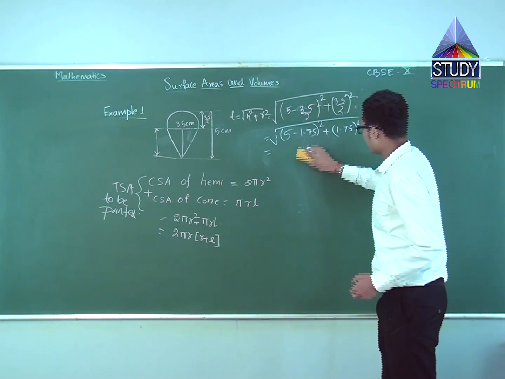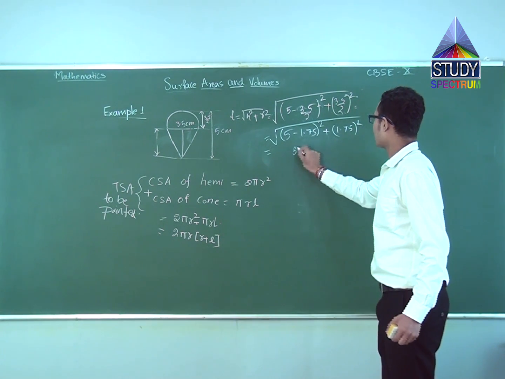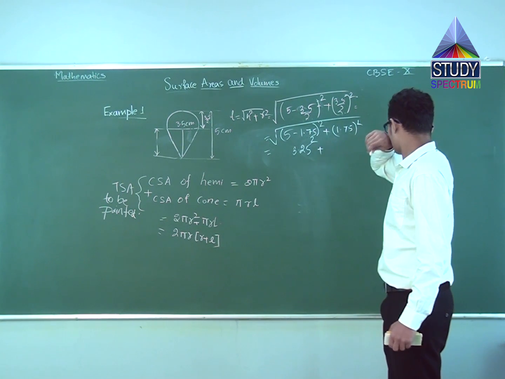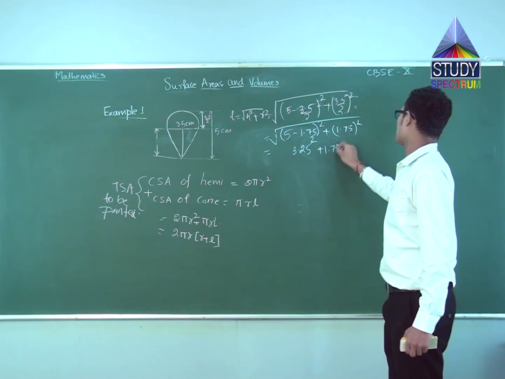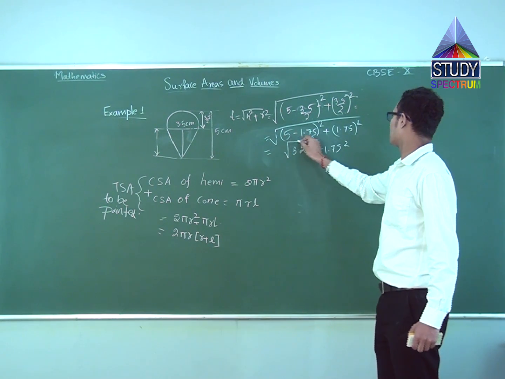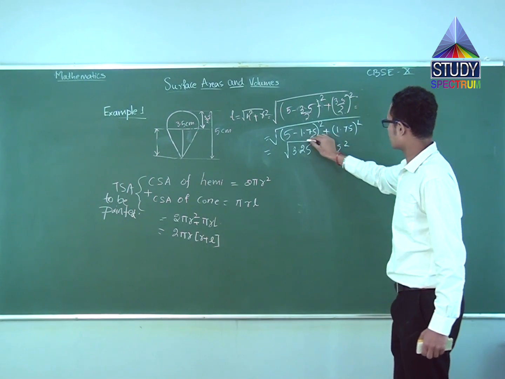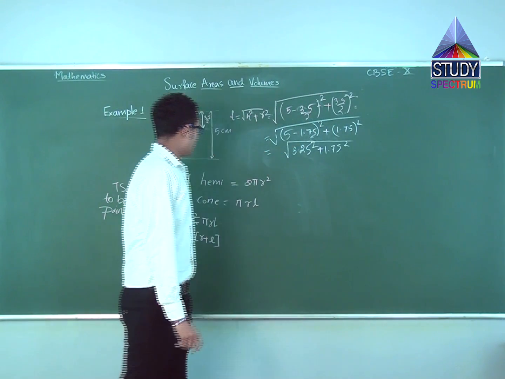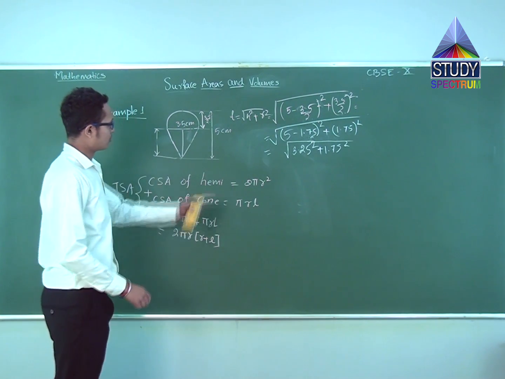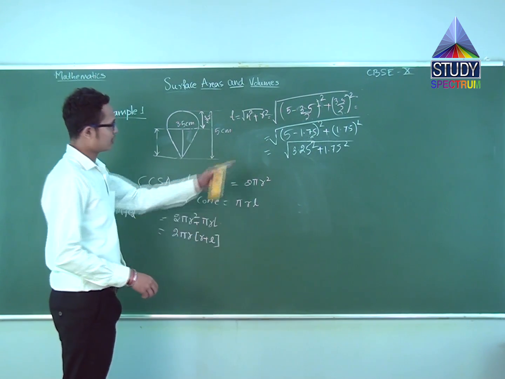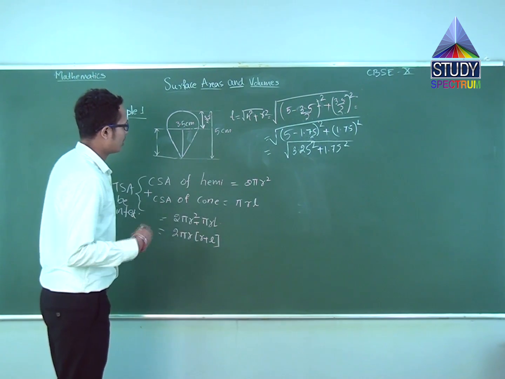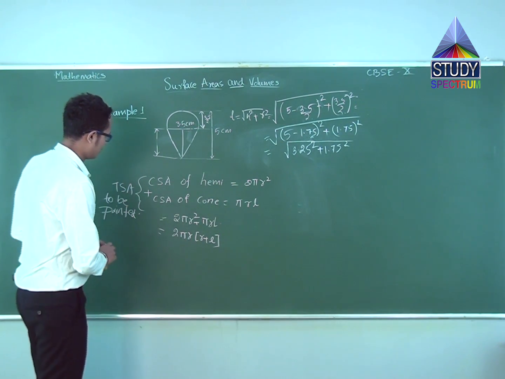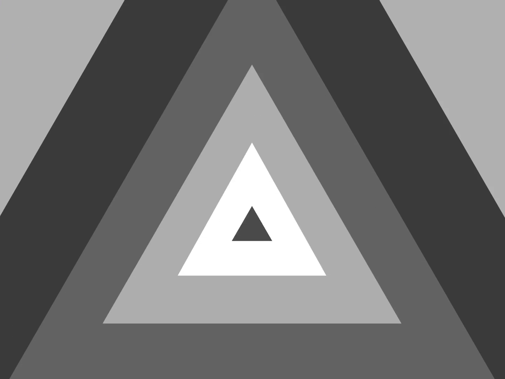So you have 3.25 square plus 1.75 square. Now we have to multiply and find out what the values turn out to be. I'll just erase this.